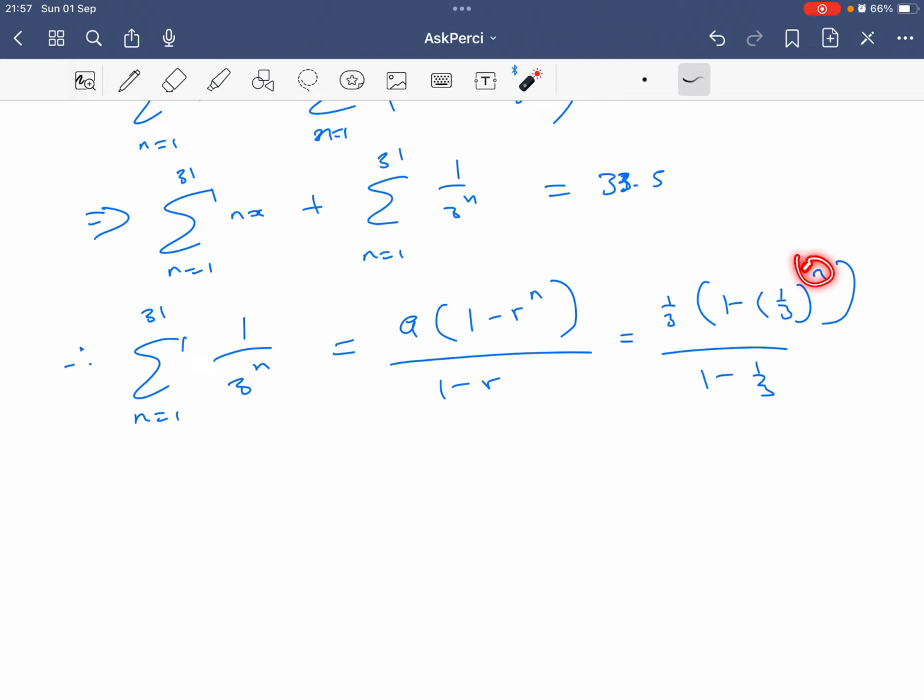The way you get this n from the formula is that n is equal to the last term minus the first term plus 1.